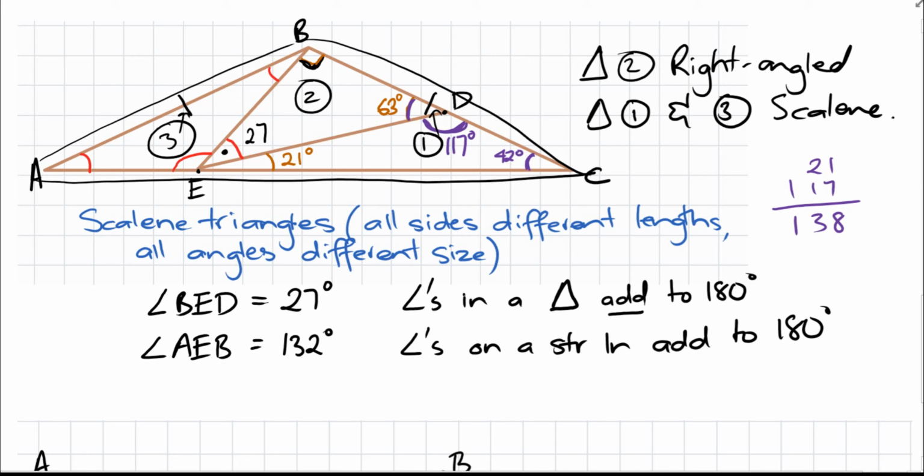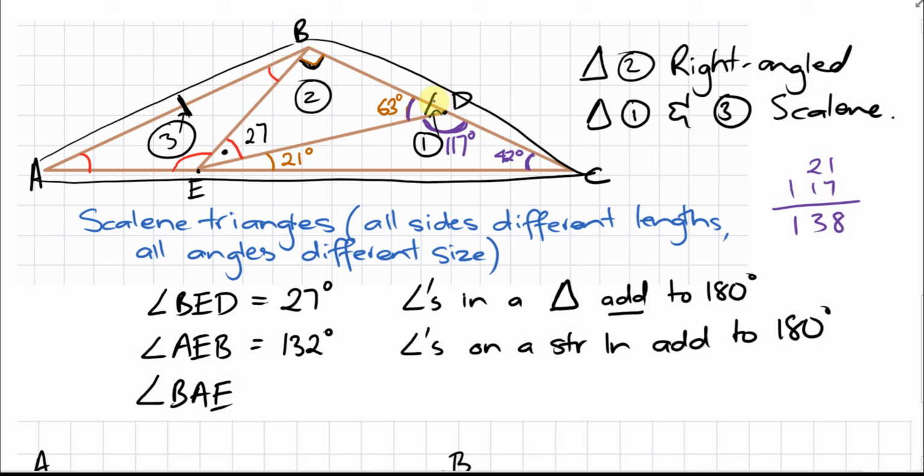Now what else can we find? So we've found this angle here. We can now find angle BAE, because we have an isosceles triangle.